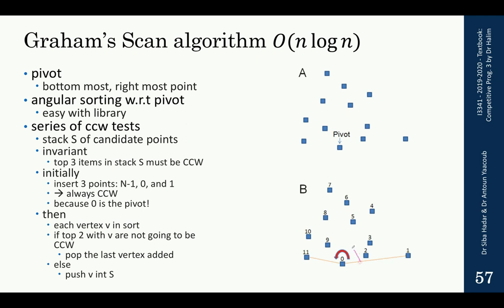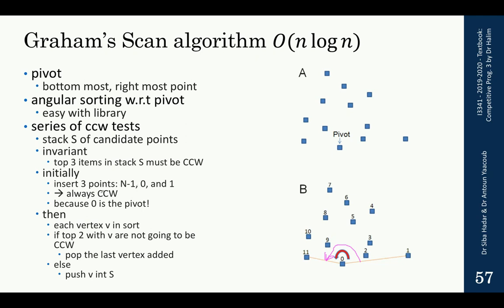Of course the turn is counterclockwise, because the last one is bigger in angle than the first one, and the angle between the 3 points is a positive angle. So if we go 11, 0, 1, we are going counterclockwise. This is the initial state of the stack.